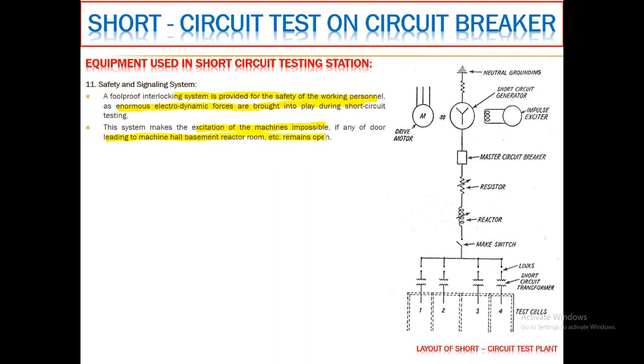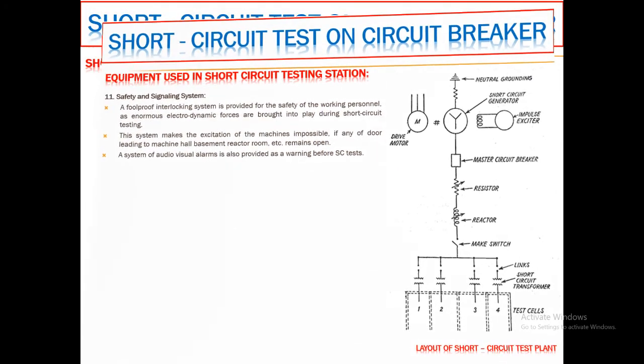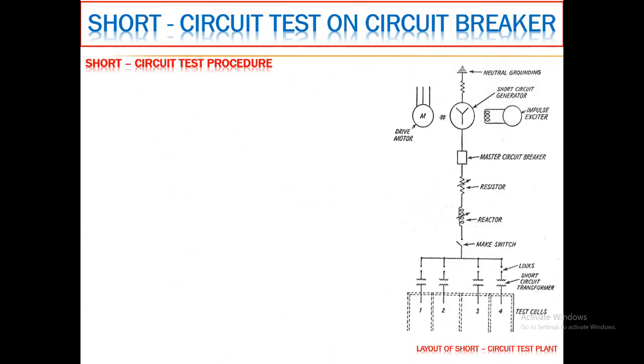So if the room is open, then it won't be allowed to start the test. A system of audio-visual alarm is also provided as a warning before the short circuit. So these all are the different compartments of the short circuit testing laboratories.